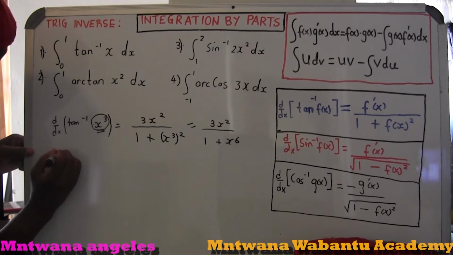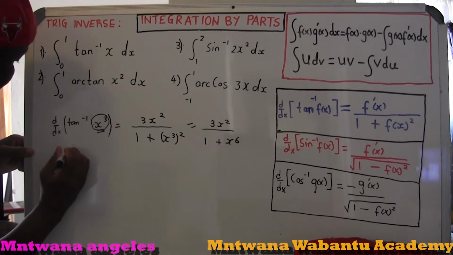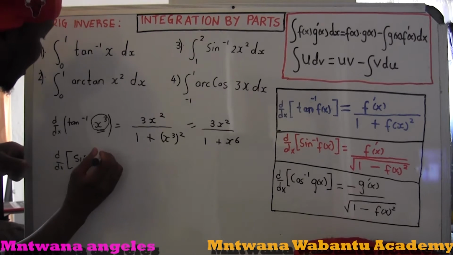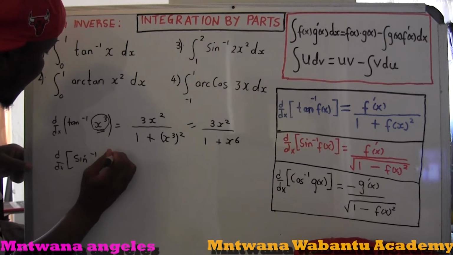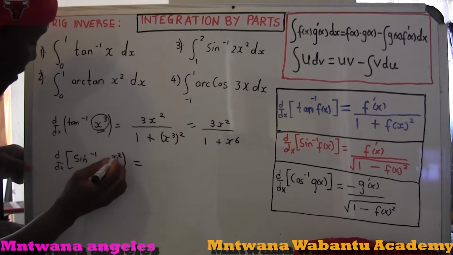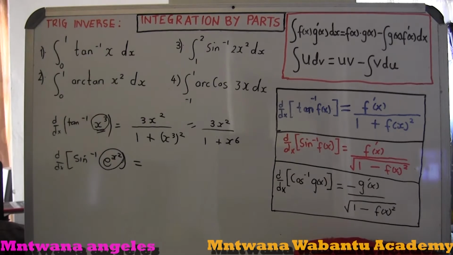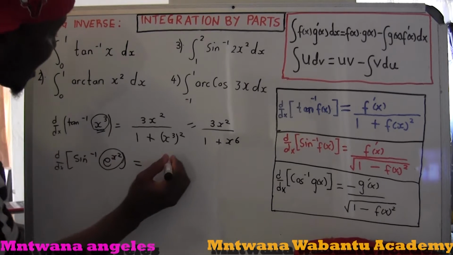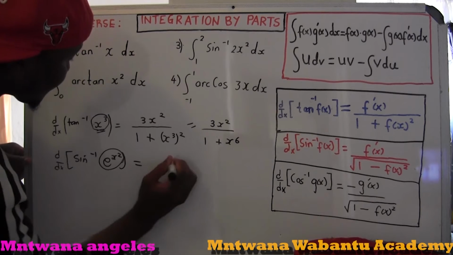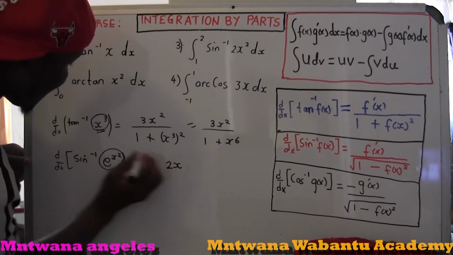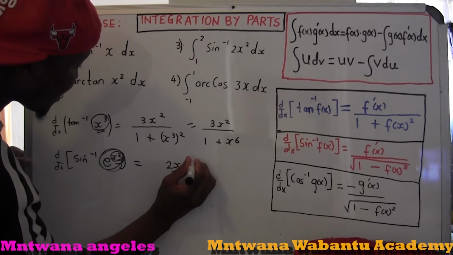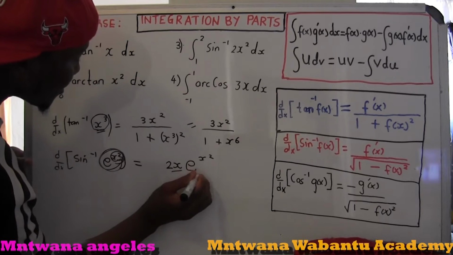If somebody says differentiate sine inverse of a function, let's say e to the x squared, you differentiate whatever function is inside. When you differentiate this, it gives 2x, and then you write the function exactly, e to the x squared, over a square root.